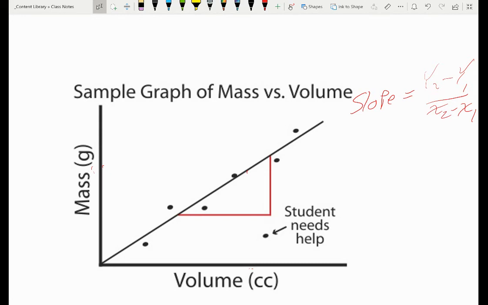So if, let's say, volume is 0, we don't want to have a value on that y-axis. What would that say? Well, I would say we have no volume, we have no anything, but yet it has mass, and that doesn't make sense.